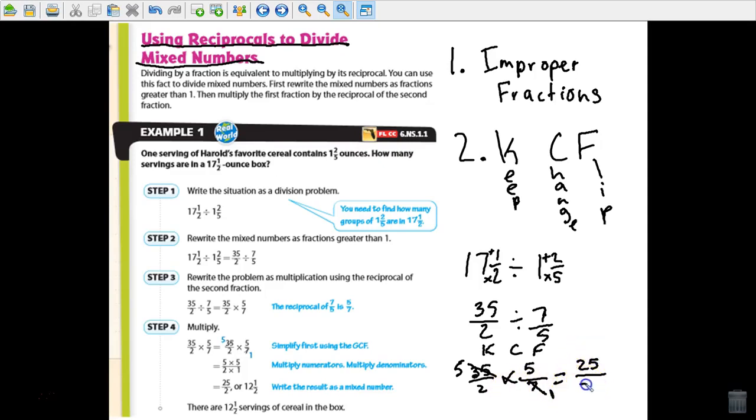And then 2 times 1 is 2. 2 goes into 25 12 times with 1 left over. So 1 over 2. So there is 12 and a half servings in the cereal box. Okay? Sounds good. Let's move on.